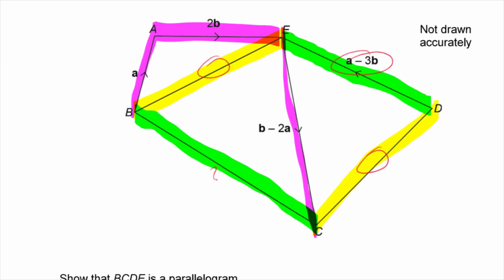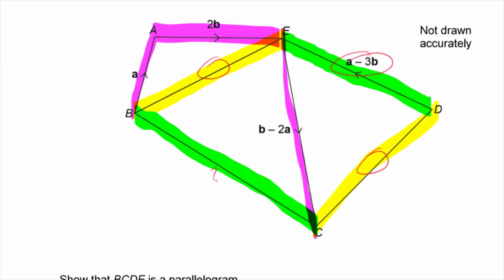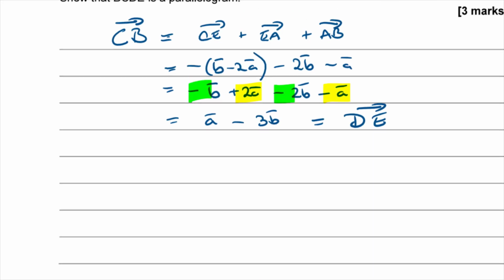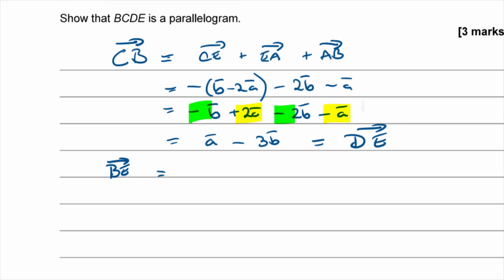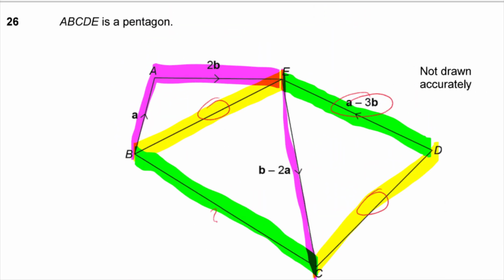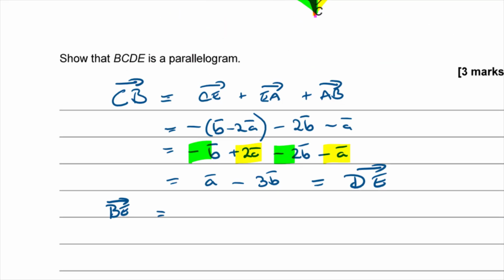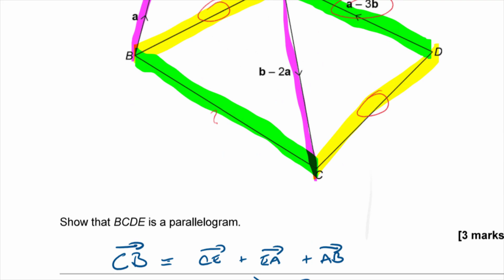Okay, so that's the first part done. I've shown that the green lines are equal in length and parallel. Now I need to do the same thing with the yellow lines. So let's take the vector BE to start with, work out what that is. So B to E, well, that's just along B to A and then A to E, isn't it?